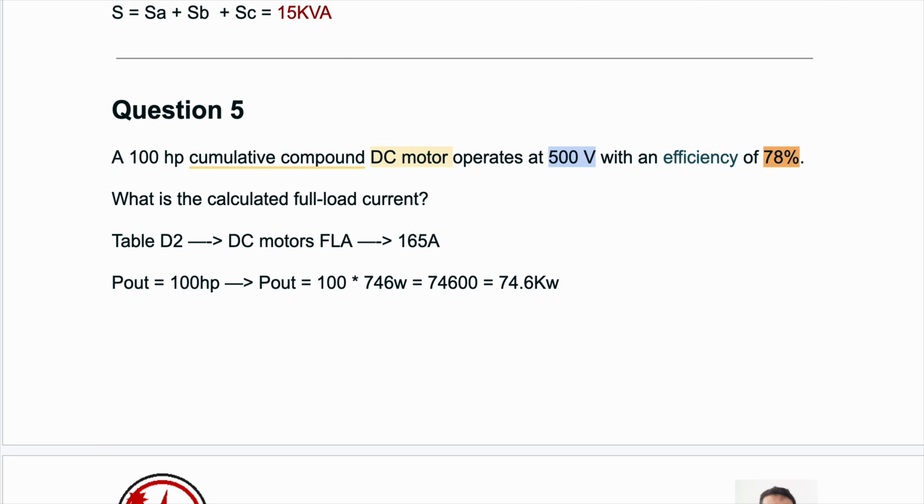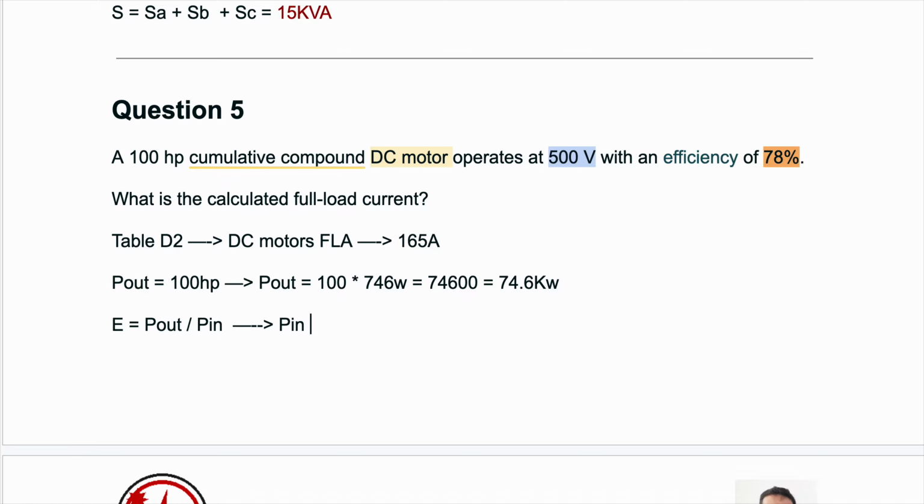If we show efficiency by E, efficiency is P out divided by P in. Here we need P in because we don't have the P in of this motor. We have the P out of this motor, 74.6 kilowatt.